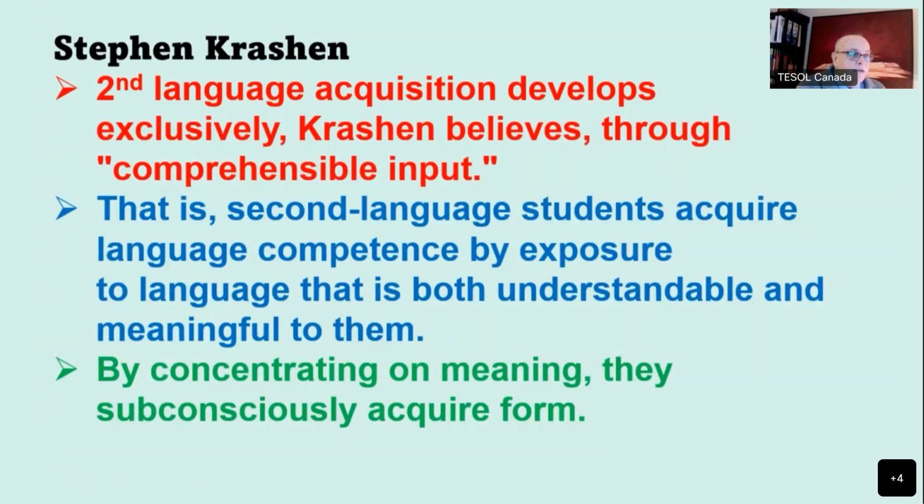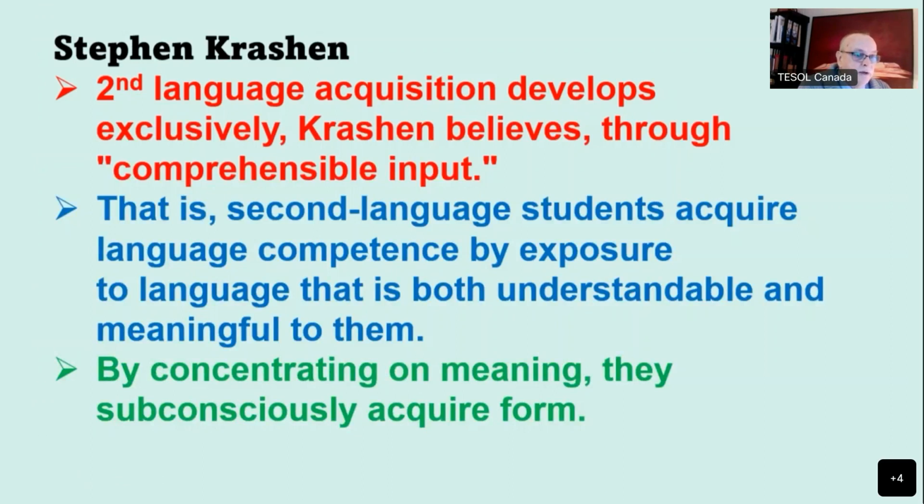Then there was Stephen Krashen, and he says second language acquisition develops exclusively through comprehensible input. That is, second language students acquire language competence by exposure to language that is both understandable and meaningful to them.